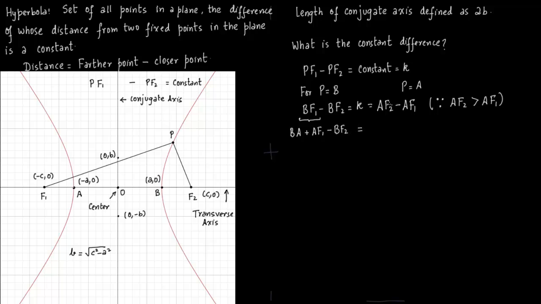We deal with the right hand side similarly. AF2 is AB plus BF2 minus AF1. Now we cancel out AB from both sides. So this would imply 2AF1 is equal to 2BF2, or AF1 is equal to BF2.